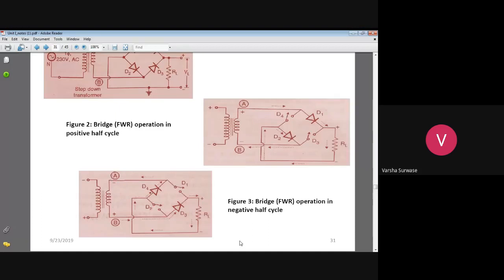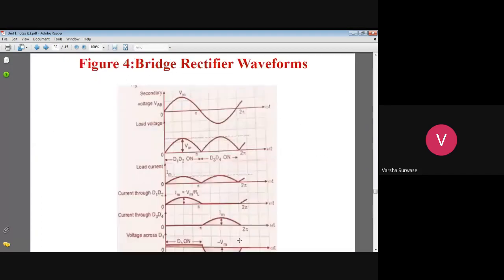Now see in the waveform. For the negative half cycle of the input voltage, this is the negative input voltage.